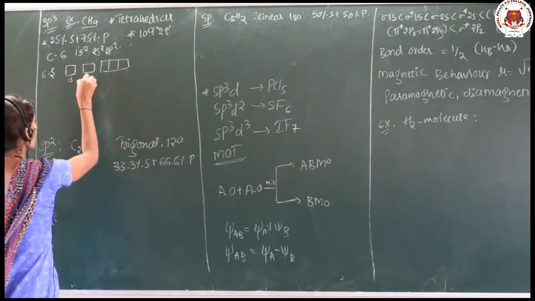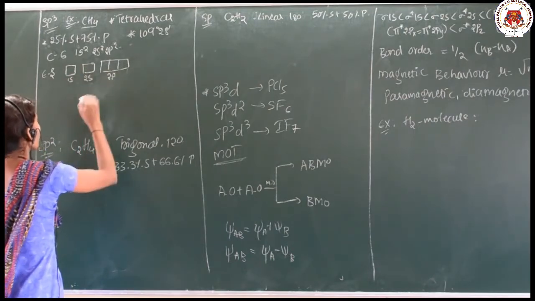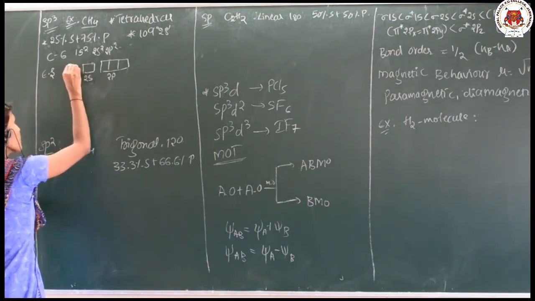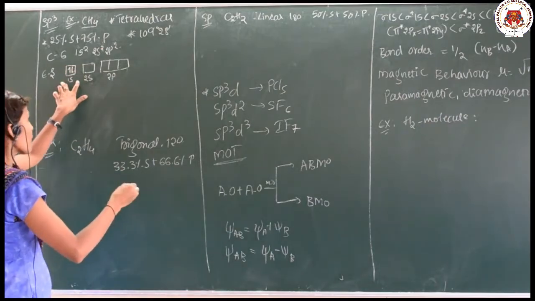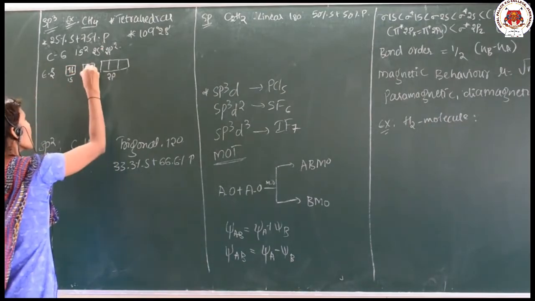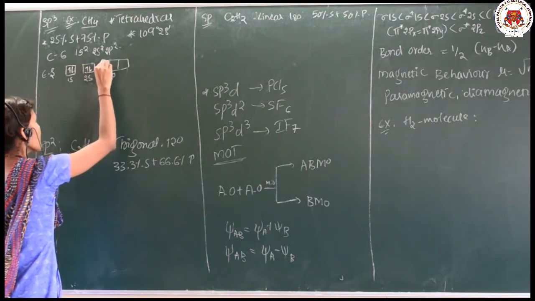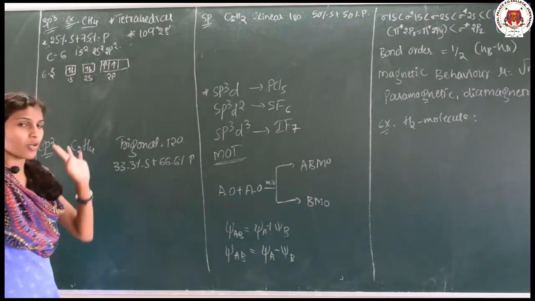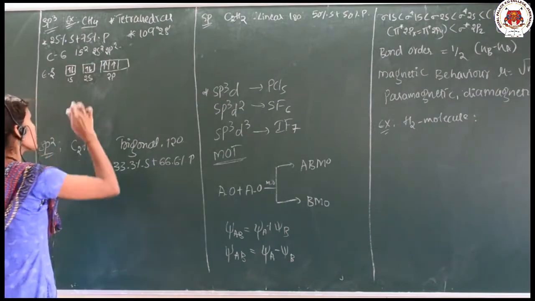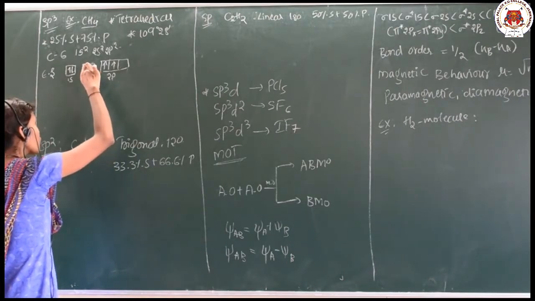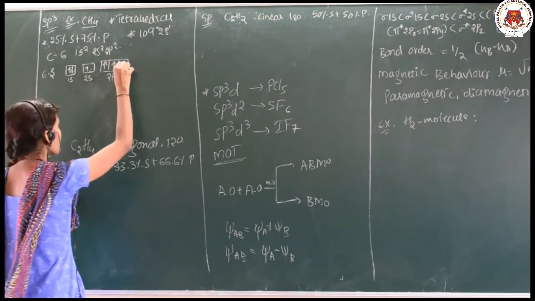In the ground state there are 2 electrons in 1s, 2 in 2s and 2 in 2p. But in the excited state, one electron from the 2s will jump to 2p.